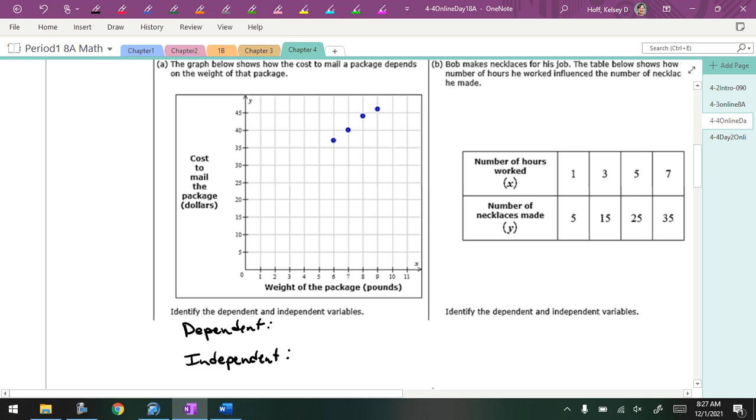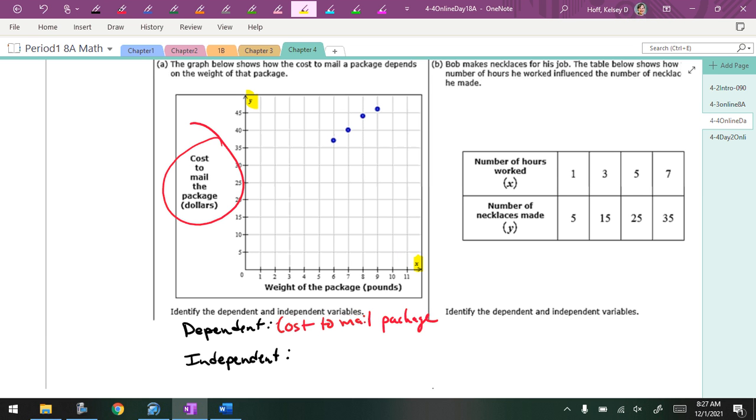This is the x-axis, but for dependent, we want the y-axis, right? So our dependent variable is right here, the cost to mail the package. Leon is absolutely right. Look at the labels on your graph. So your dependent is the cost to mail the package.